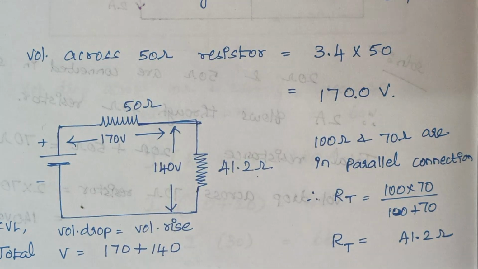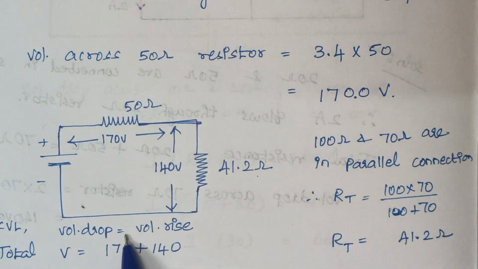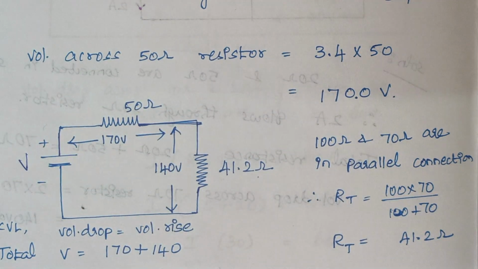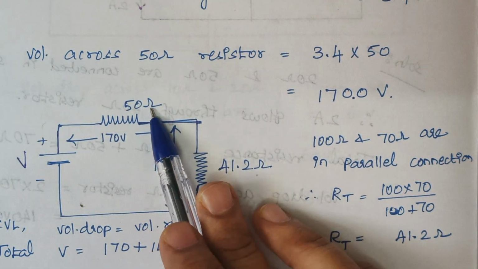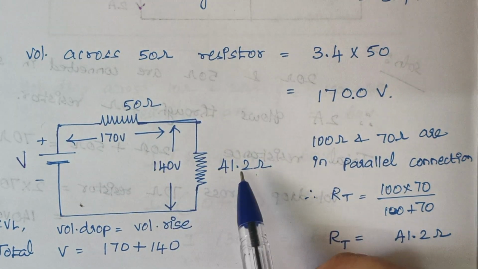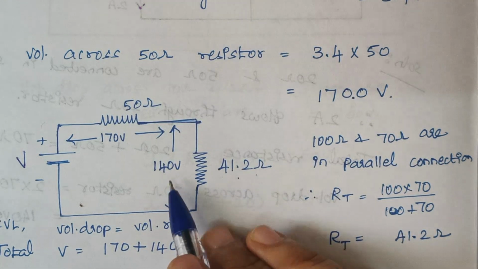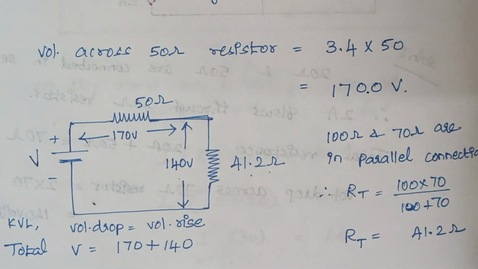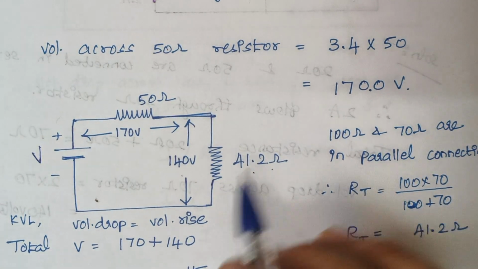Now this is our final simplified circuit, and we need to calculate the value of voltage V here. The voltage drop across this 50 ohm resistor is 170, and the voltage drop across this 41.2 ohm resistor is 140. By KVL, voltage drop is equal to voltage rise.